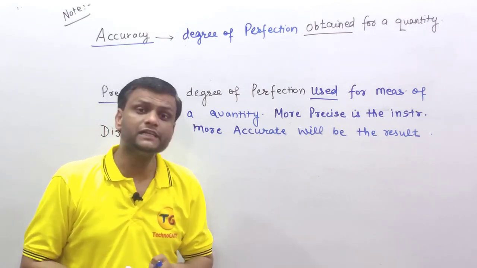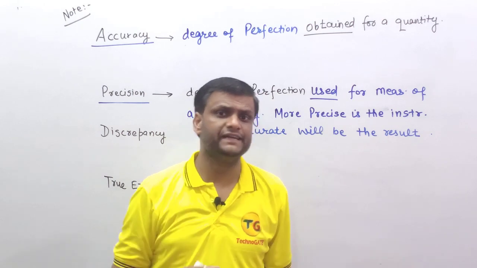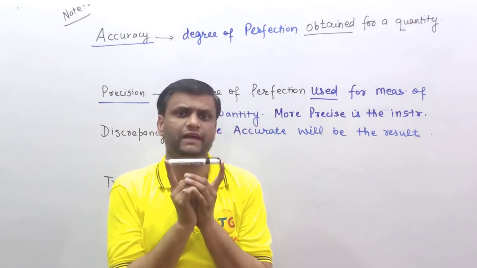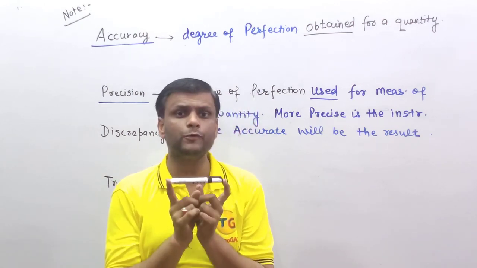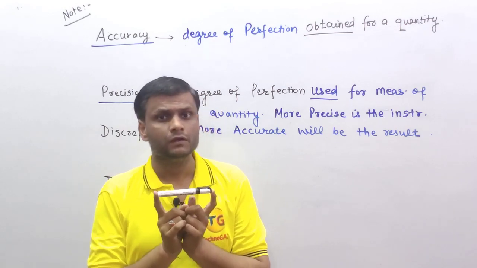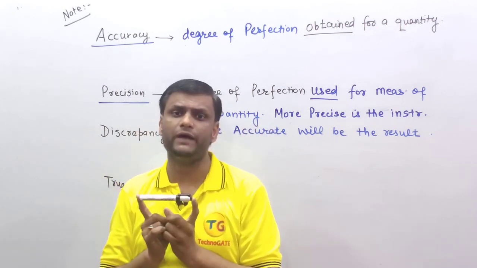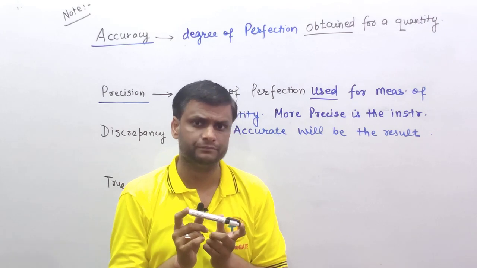Second thing, let us suppose that two candidates are there. One measures this value as 2.01 centimeter. Second one measures this value as 2.03 centimeter.